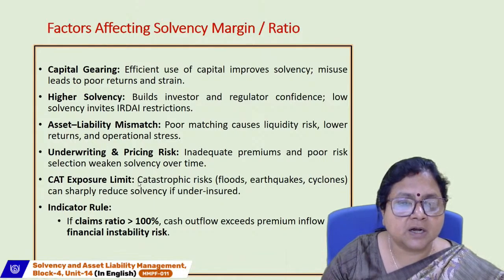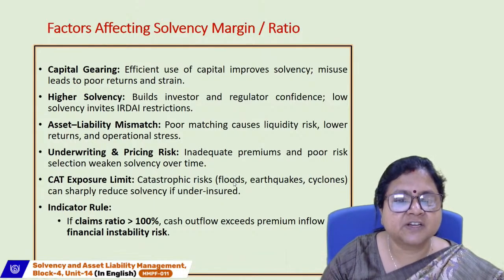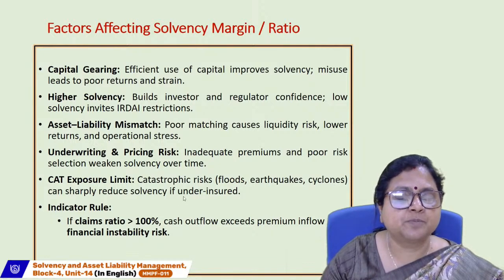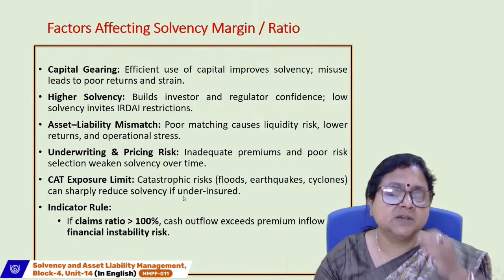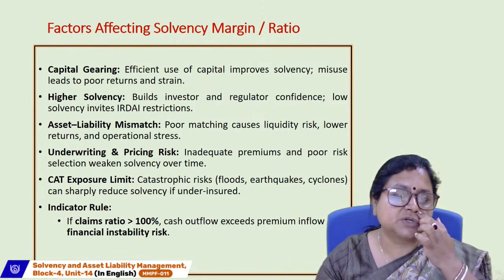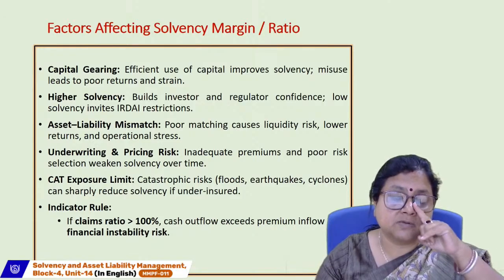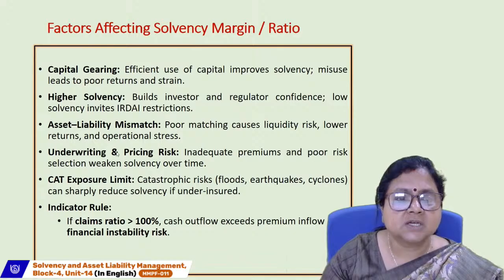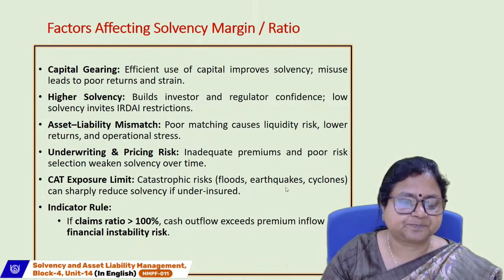Then sometimes catastrophic risks, like natural calamities, can also sharply reduce the solvency if insured. If you don't maintain a solvency margin adequately, then all these things will have an impact on it.